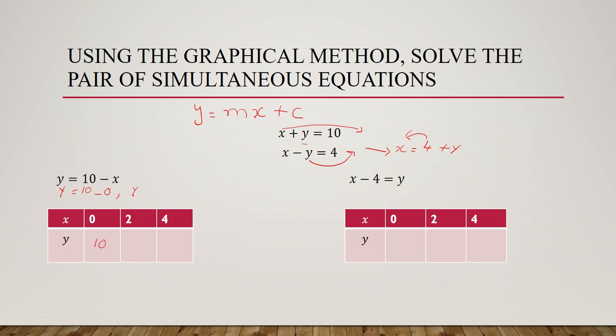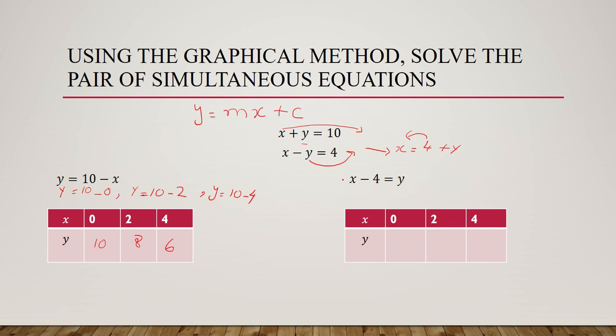Second time, y is equal to 10 minus, now instead of x I will write 2. 10 minus 2 is 8. The third time, y is equal to 10 minus, now instead of x I will write 4. 10 minus 4 is 6.